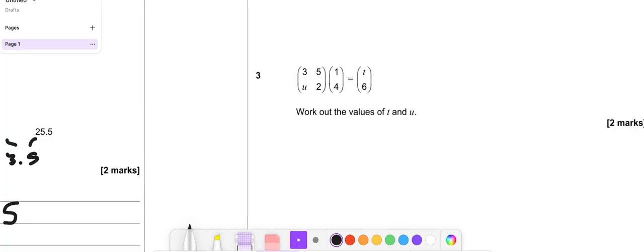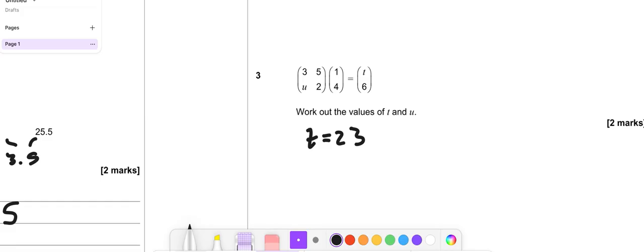Okay, work out the value of this. So to multiply this, we go 3 times 1 and 5 times 4. And that will give me t, so 3 times 1 is 3, 5 times 4 is 20, so t is going to be 23.